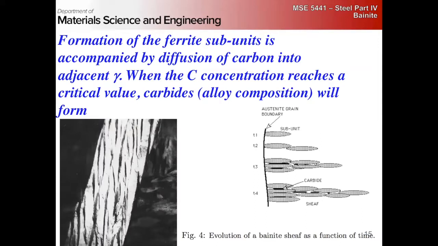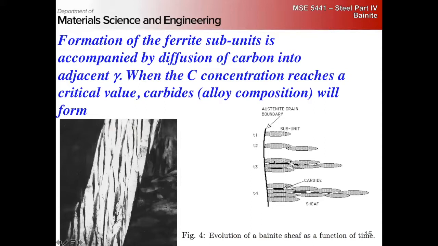So the formation of the ferrite subunits from the supersaturated alpha prime, right? We get diffusion of carbon into the adjacent austenite, right? And when the carbon concentration reaches a critical value, we get the carbides that form, right? So we have these subunits, and then we have a sheaf, right?